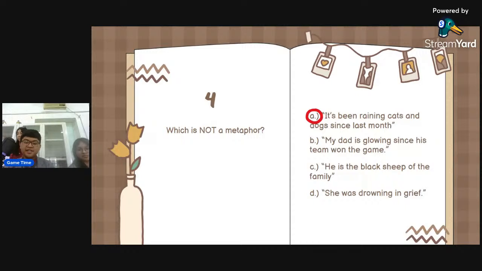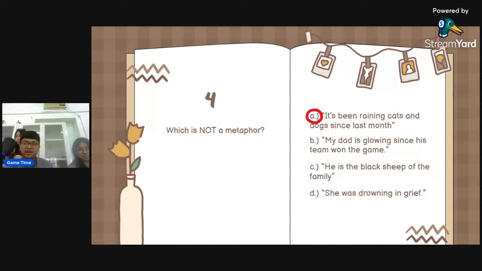Just like my dad is glowing since his team won the game. Of course the dad is happy, so being happy can be compared to glowing. She was drowning in grief. Drowning can be compared to being overwhelmed. But cats and dogs, you can't compare that to anything. It means it's been raining a lot, and you can't really compare cats and dogs to a lot.